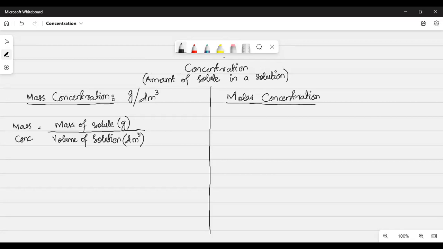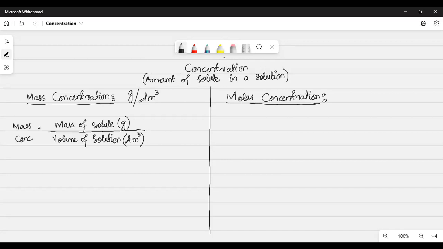Now, molar concentration is the unit that you're going to use most. If you look up a past whole decade of papers, questions related to quantitative chemistry or this chapter, you're going to find out that molar concentration questions are in there way too much, almost with every paper, every year, every season.